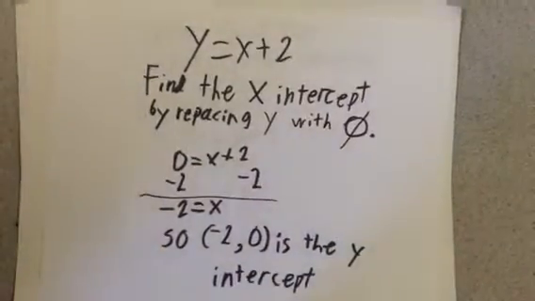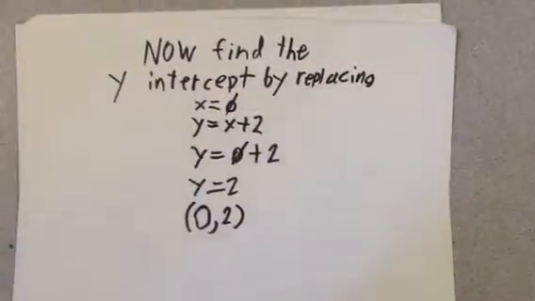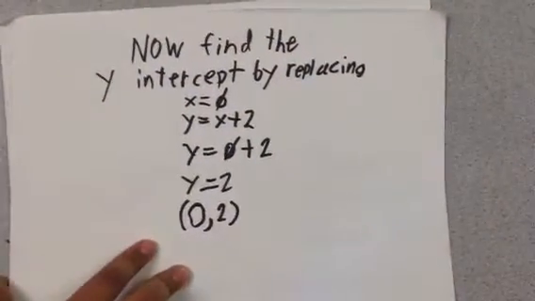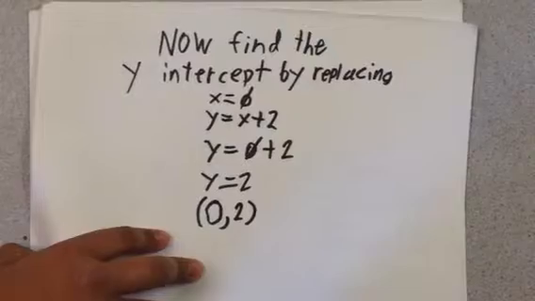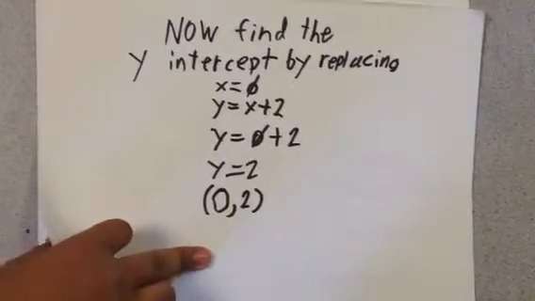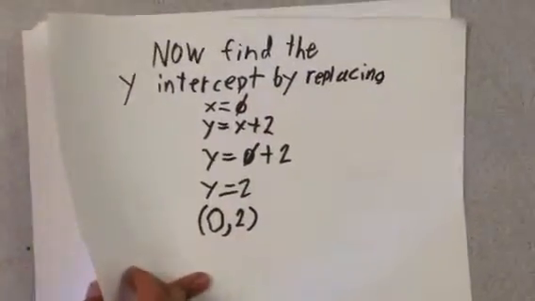Alright, so minus 2, 0 is the x-intercept. Now find the y-intercept by replacing x with 0: y equals 0 plus 2, y equals 2. So 0, 2.